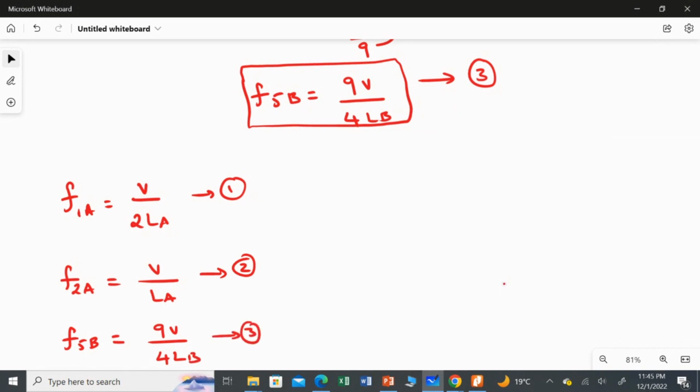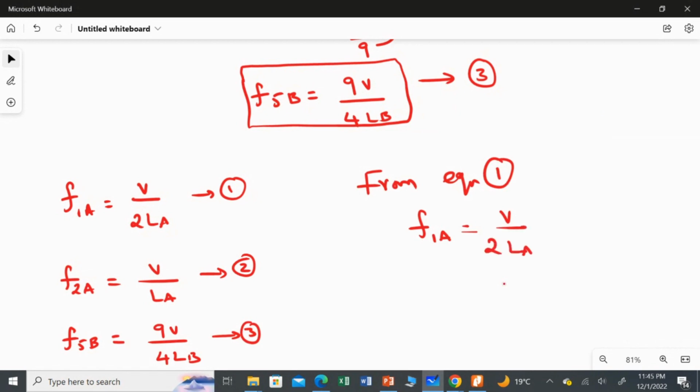For finding the length of pipe A, I am going to take the first equation. From equation 1, what is our equation 1? F of 1A, that means the fundamental frequency for pipe A, which is equal to V over 2 LA.